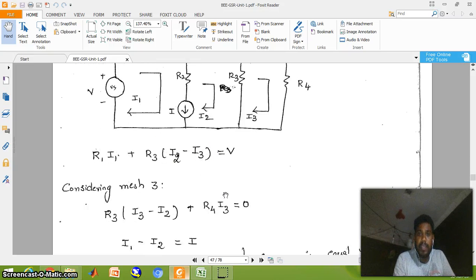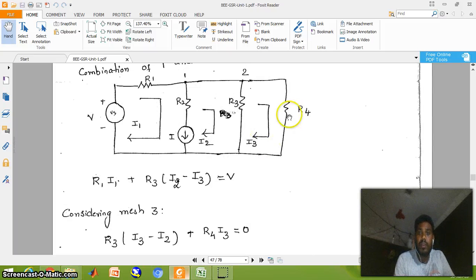Next, apply KVL in loop 3, mesh 3. So here no voltage source is there in this loop. So only two elements are there, R3 and R4. So the sum of these voltages is equal to 0, because no voltage source is there. So as per mesh KVL, the sum of source voltages is equal to 0, which is equal to the sum of voltage drops. So here the voltage drop across R3 and the voltage drop across R4.